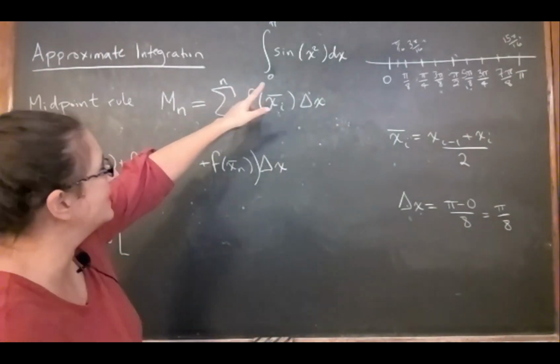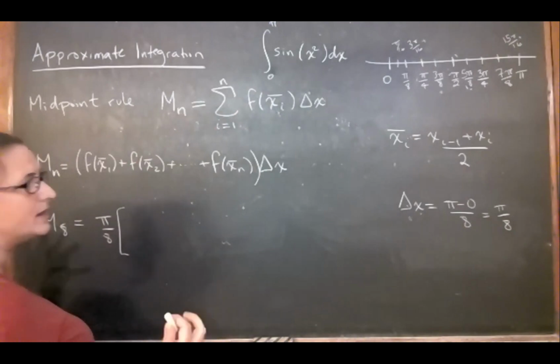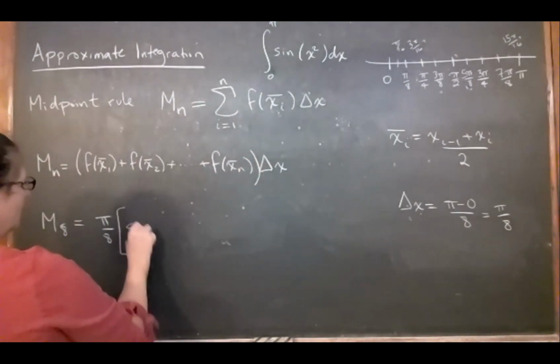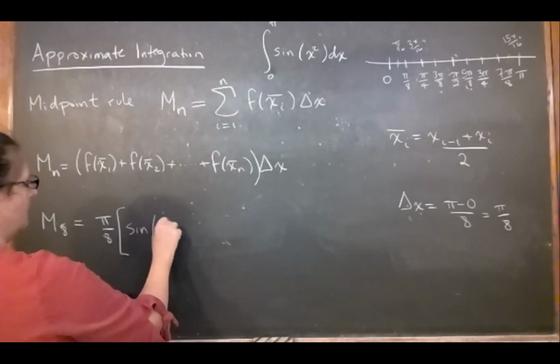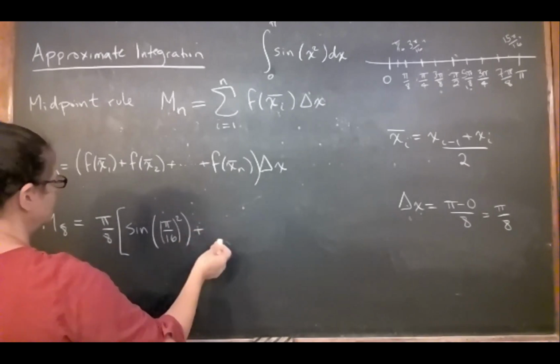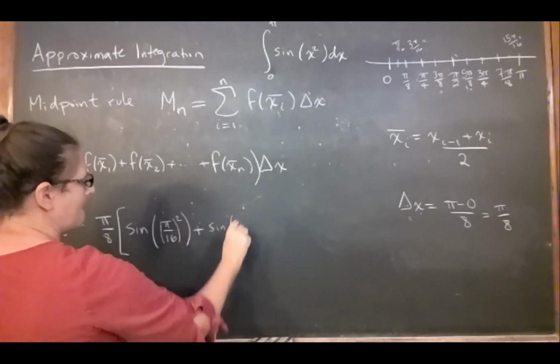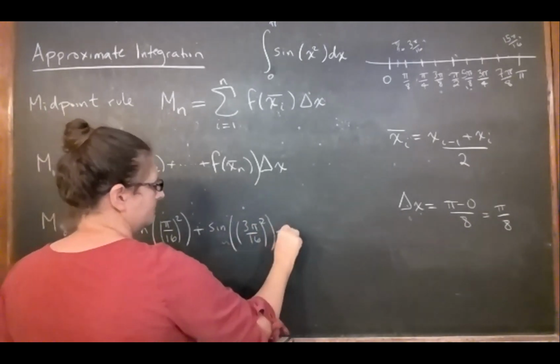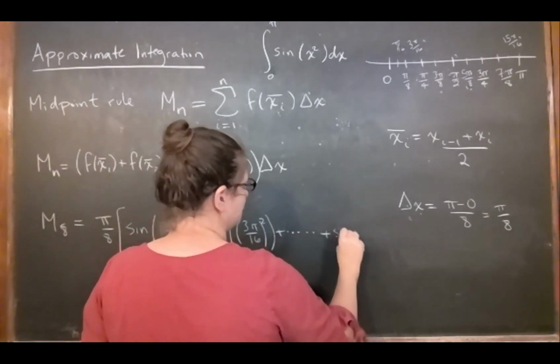So the function, again, is sine of x squared is what I'm trying to integrate. So I'm just going to put those points in. Sine of pi over 16 squared. And I just keep going. I put them all in, all 8.